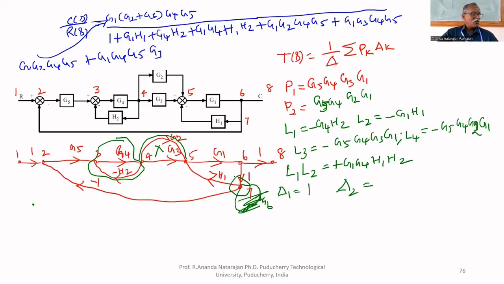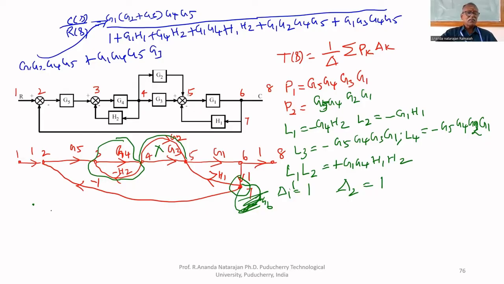But 7 doesn't have any loop that avoids the forward path. The loop should not touch the forward path. Here 7 has one loop, G1, H1, but it is touching the forward path. We need the part of the graph not touching the forward path, and there are no loops not touching it. Therefore, delta 2 also equals 1.